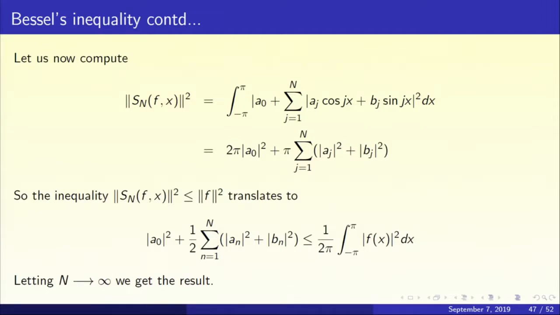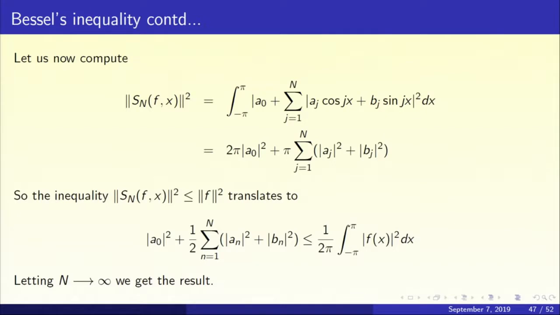We get |a0|² integral, then the integral of |aj|² cos² jx, the integrals of |bj|² sin² jx, and then the cross terms 2 aj bj cos jx sin jx, whose integral from −π to π is 0.